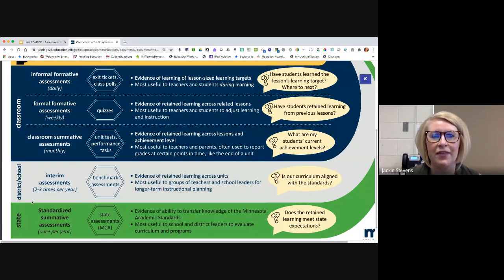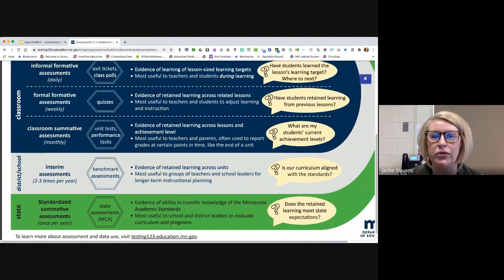And then finally, at the state level, of course, we have the standardized assessments, the MCAs. And notice it says that it is most useful to school and district leaders to evaluate curriculum and programs. It doesn't say that the classroom teacher should be using a student's MCA scores to make decisions about what to do with that student.